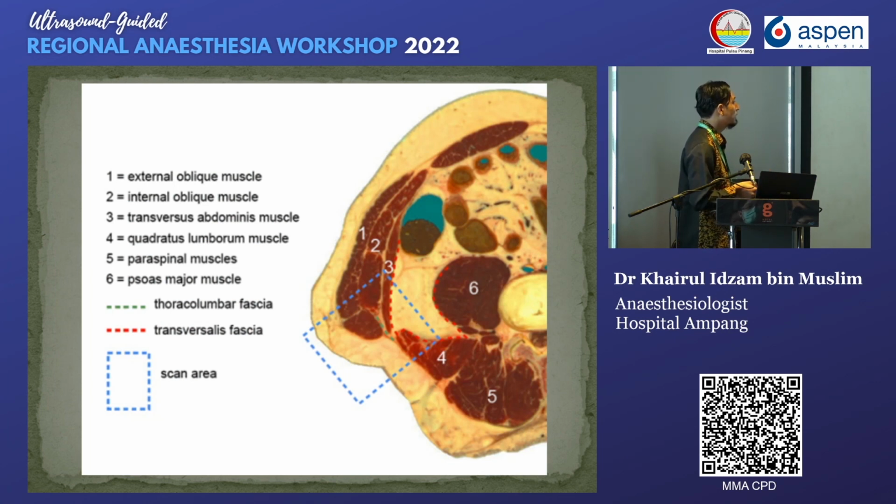This is where we want to scan for the TAP block, for the classical TAP. There are two fascia that we need to know, the thoracolumbar fascia and the transversus fascia. The transversus fascia runs beneath the transversus abdominis, and the thoracolumbar fascia is more posterior.